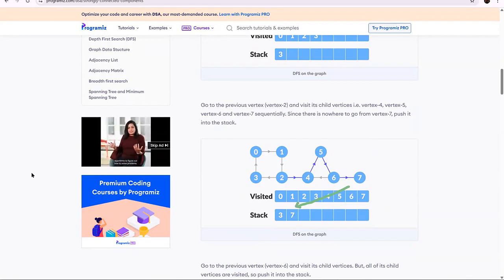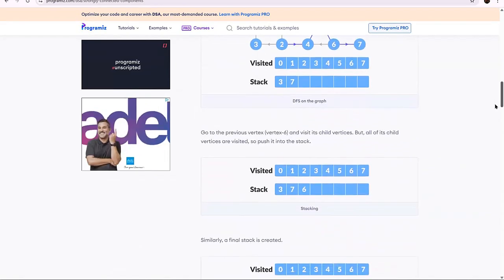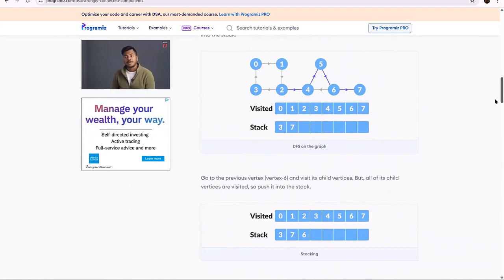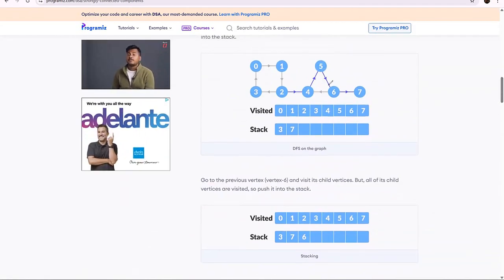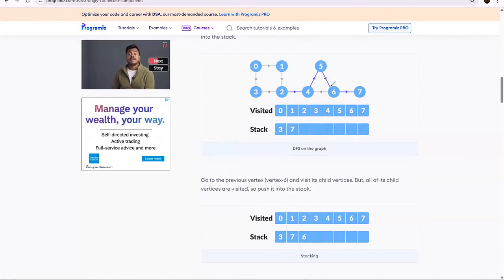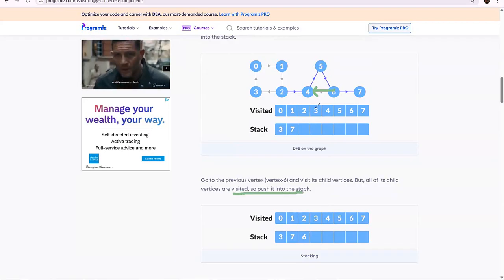That's the second pass: you go to 3, return, then go to 4, which is another child of 2. Then 4 has another child, and 5 also has a child. It goes to 4, which has already been visited, so you also push 6 into there. This is the stack you have got.